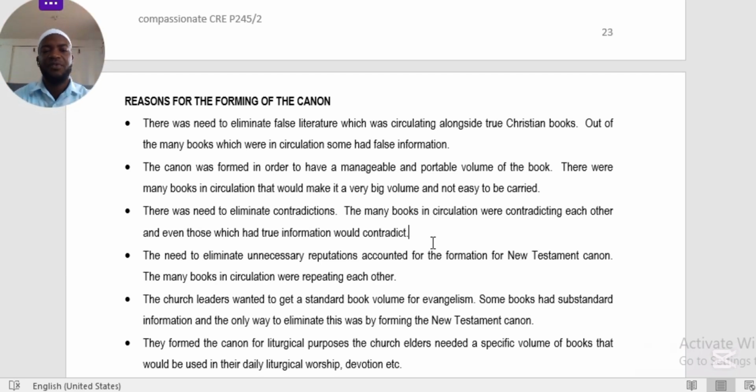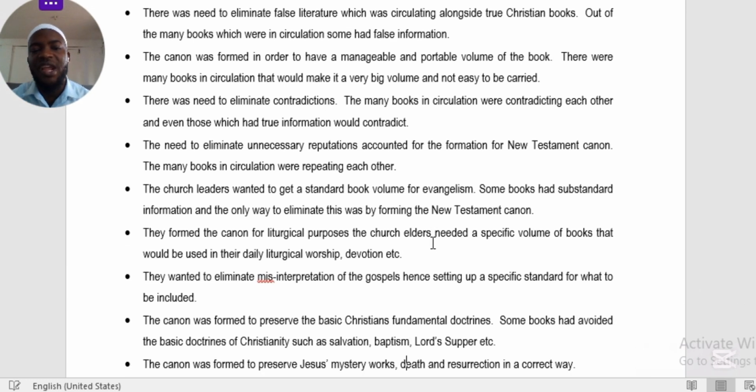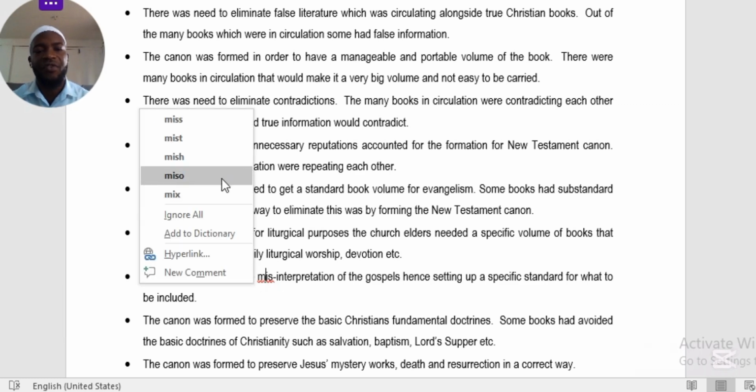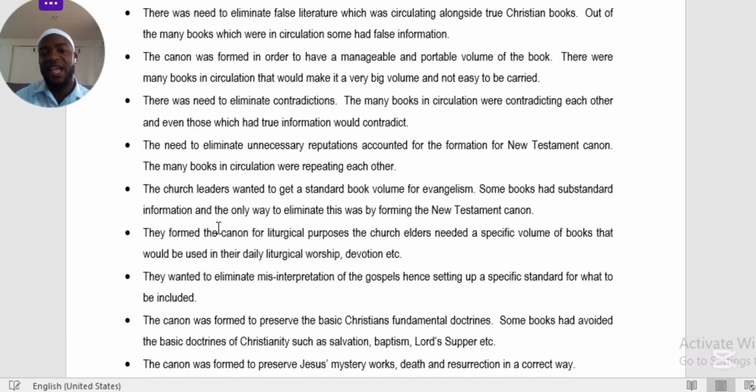Then we have the early church leaders who wanted to get a standard book volume for evangelization. They wanted a standard book with a simple volume that people can read. When something has a bigger volume, at times it scares people who are going to read.